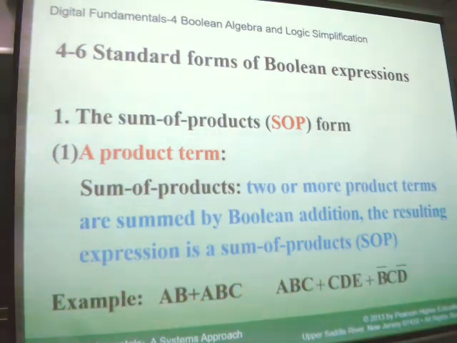Then the resulting expression is a sum of products, like this: AB plus ABC, ABC plus CDE plus B bar C D bar. They are both the sum of products form, abbreviated SOP.